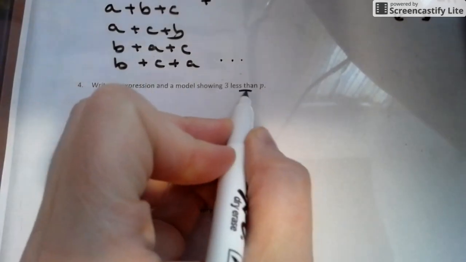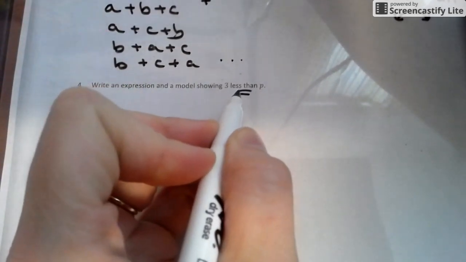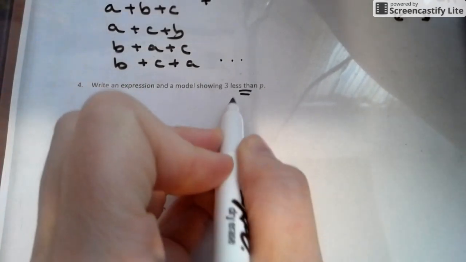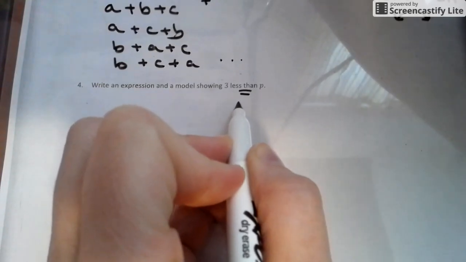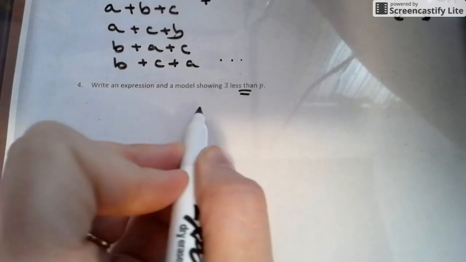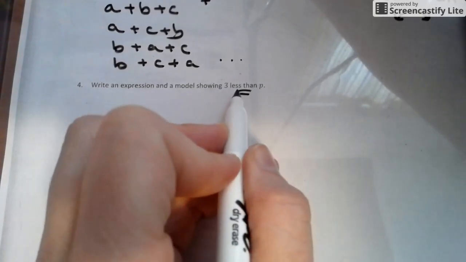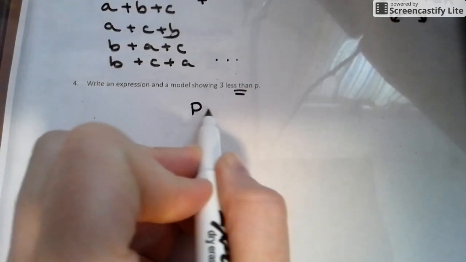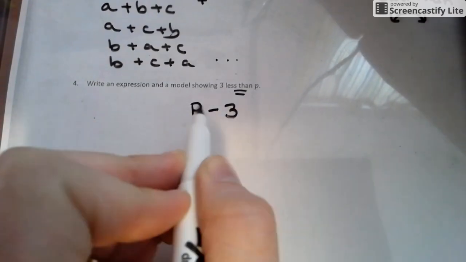All right, write an expression to model 3 less than P. So this is pretty important. Less than is the one where we flip things around. Normally you would see it as 3 minus P, but less than means I have to flip them around. So for 3 less than P, I have to have the P before I can take 3 from it.